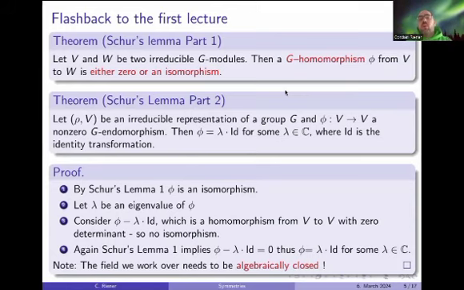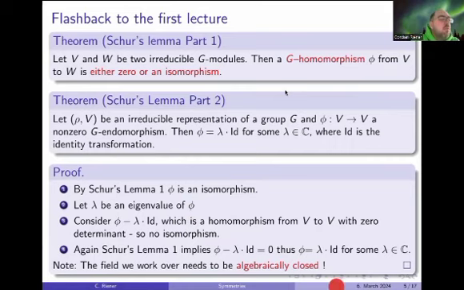In other words, if you look at the matrix of this phi in an eigenbasis, you will find a diagonal matrix where all the eigenvalues are the same, some lambda in C.